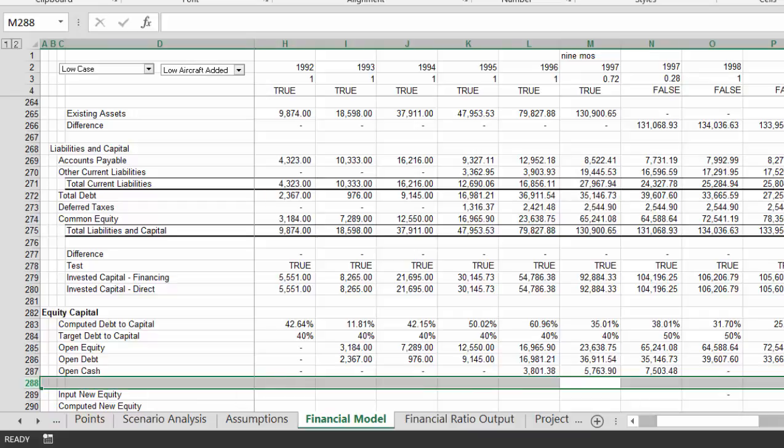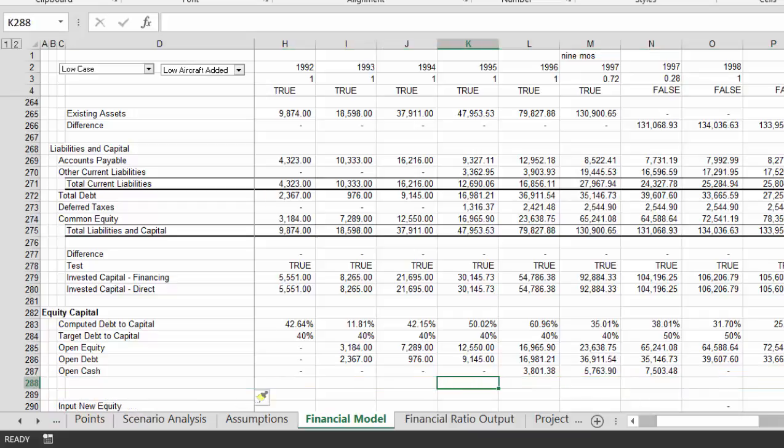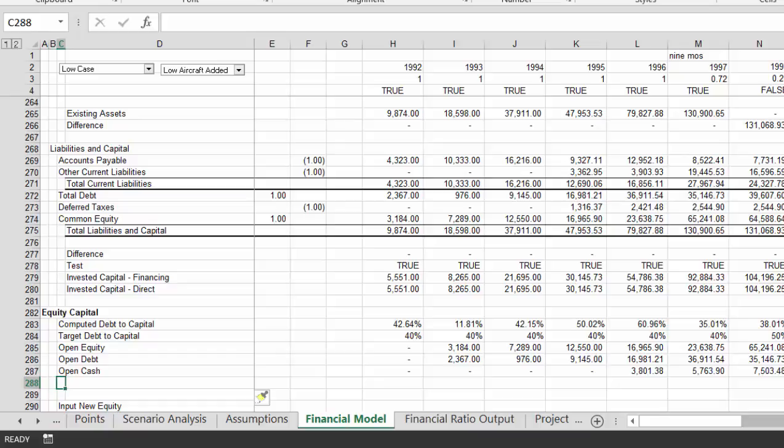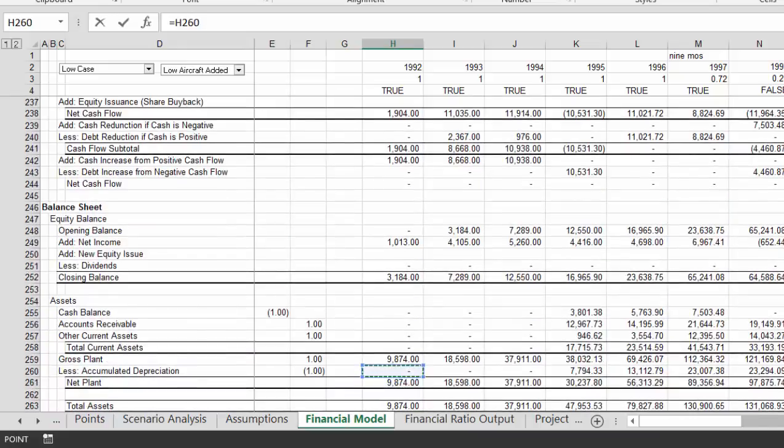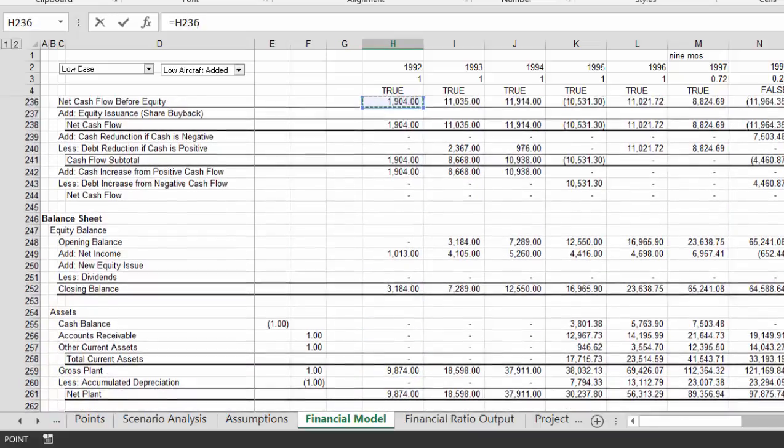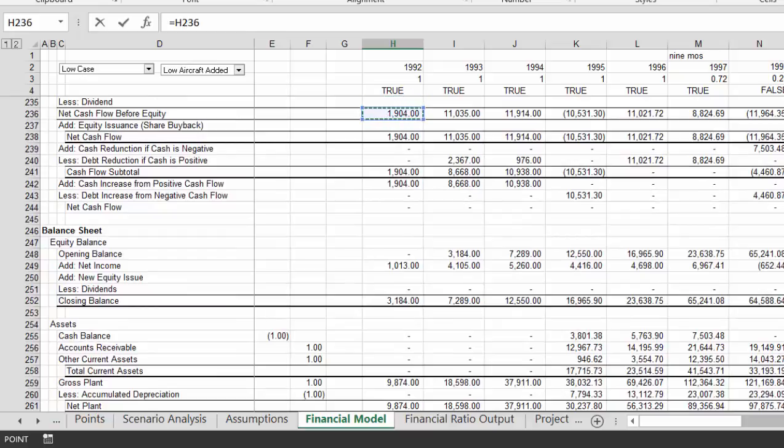We're also going to need the starting cash flow, which is the cash flow just before we start the whole process.